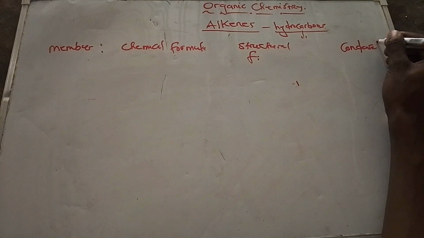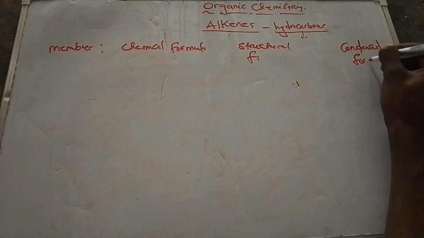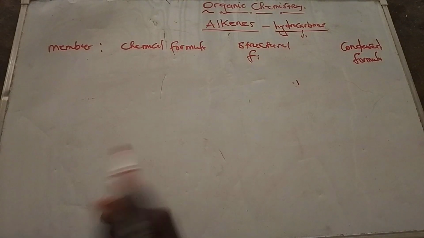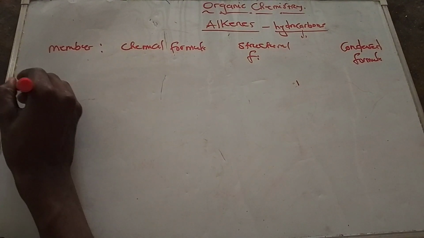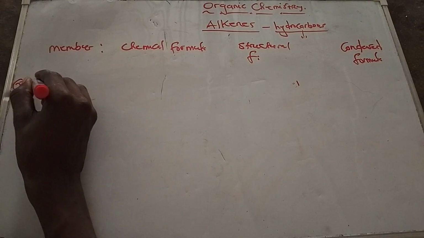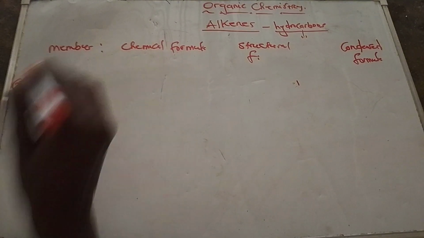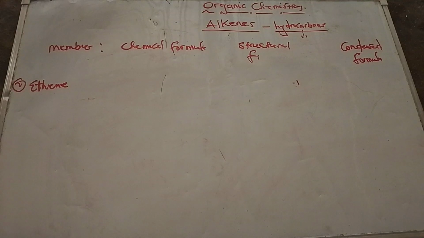For the member, we'll start with number 2, which is ethene. Since ethene is number 2, that is the name, ethene.